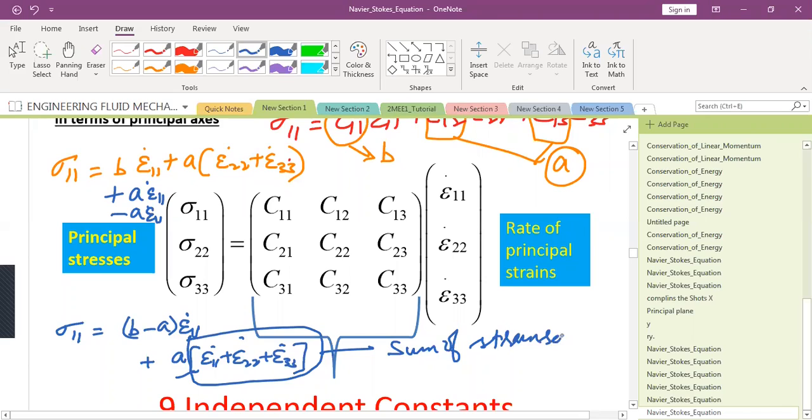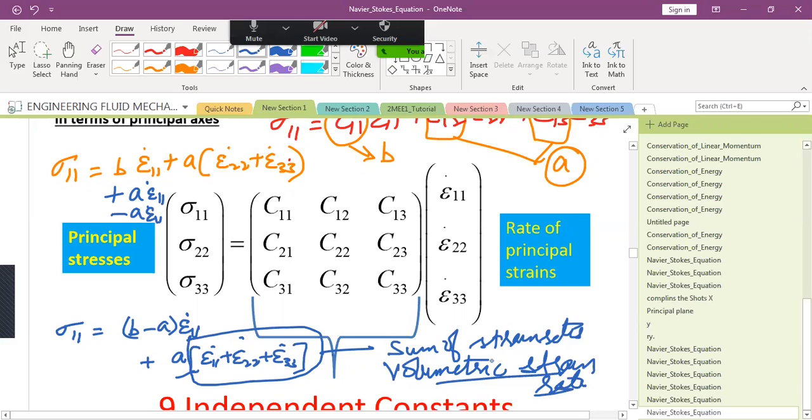And this is called the volumetric strain rate. As you had volumetric strain in case of solids, in case of fluids you have a corresponding volumetric strain rate, and that is represented by this delta dot.